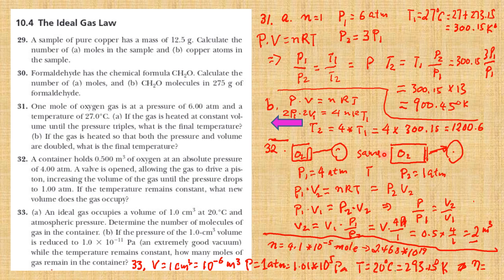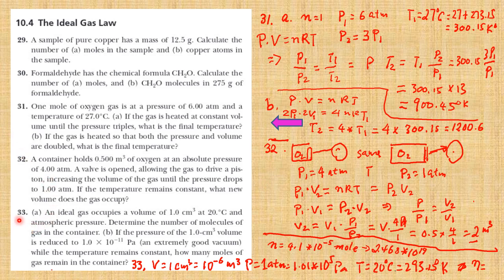I like this question, because pressure goes from 4 to 1, and then the volume must go from 1 to 4, right? So that to maintain the product the same. So 1 times 4 and then 1 times 4 will be the same. Okay, so that's problem number 32. So gas expands, pressure reduces, but volume increases.